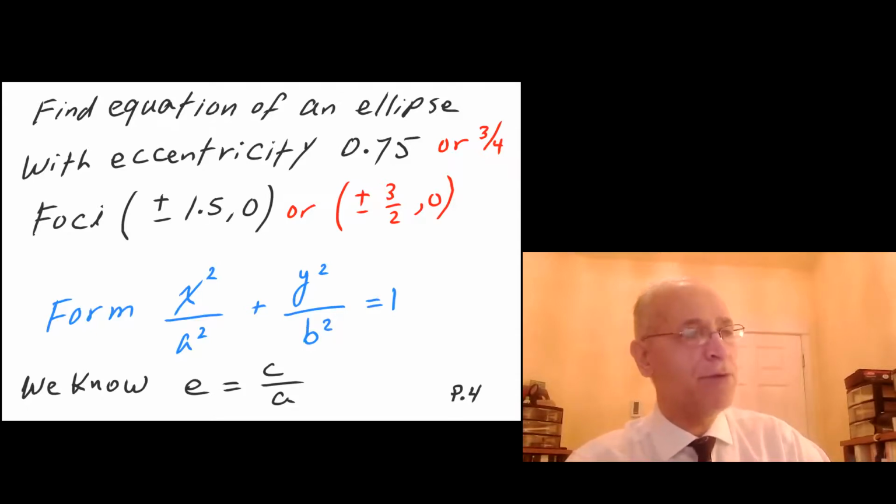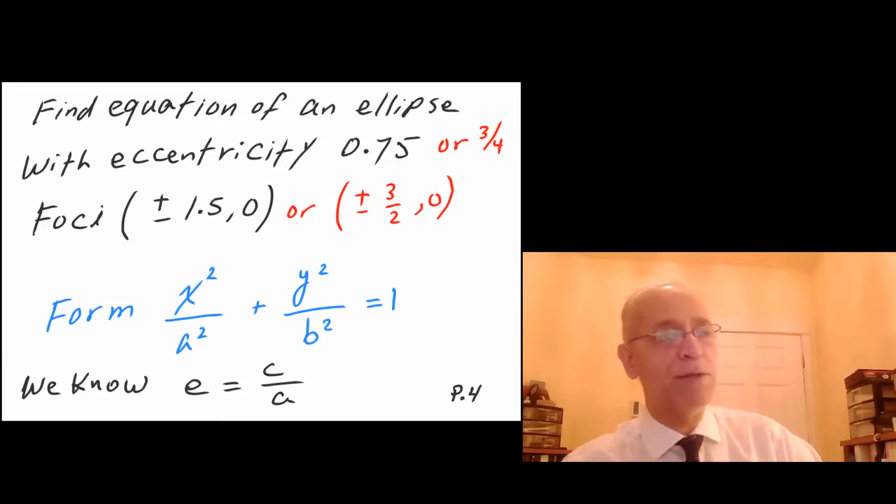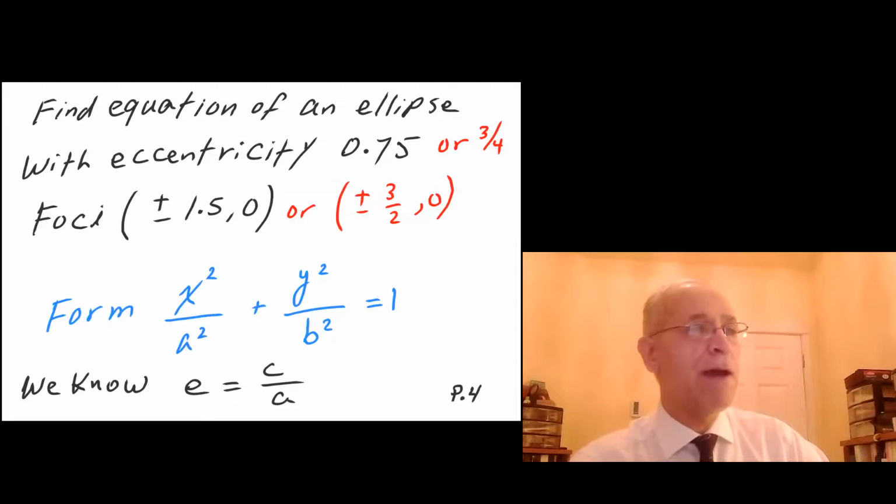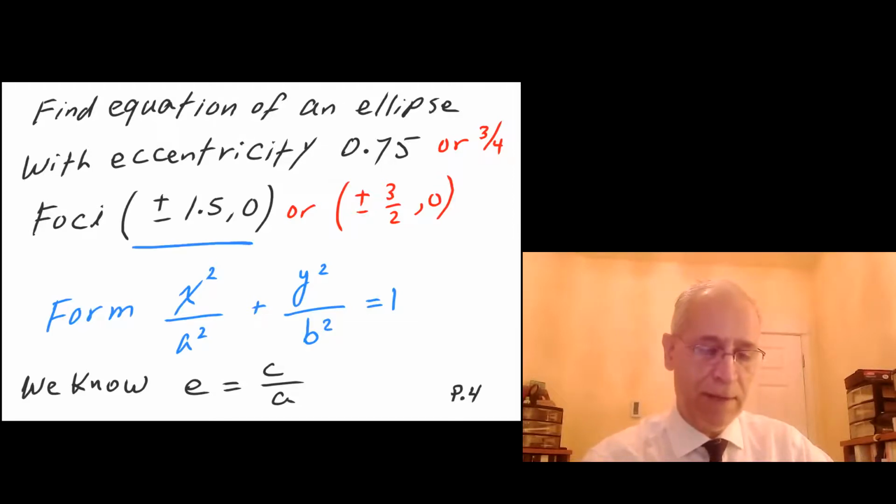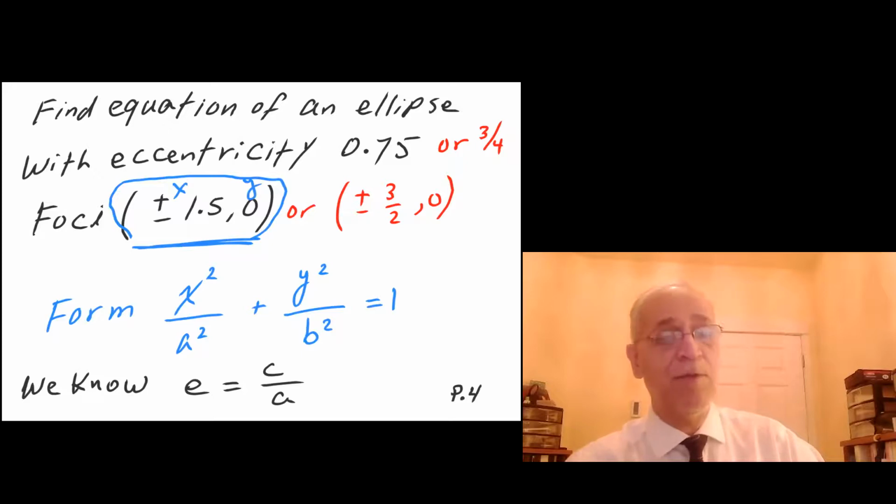So now the form is x squared over a squared plus y squared over b squared equals 1. How do I know that? Because in the foci, the y value is 0, and I have two values, plus and minus 1.5 or 3/2, for x.